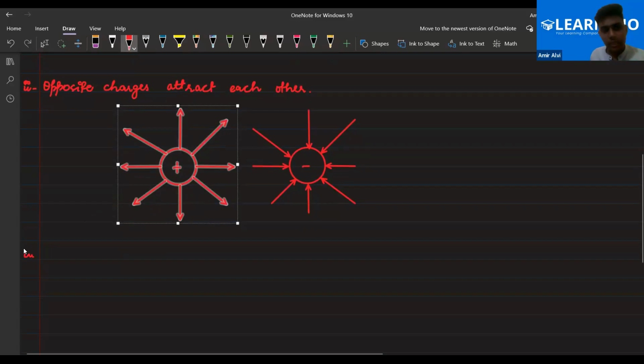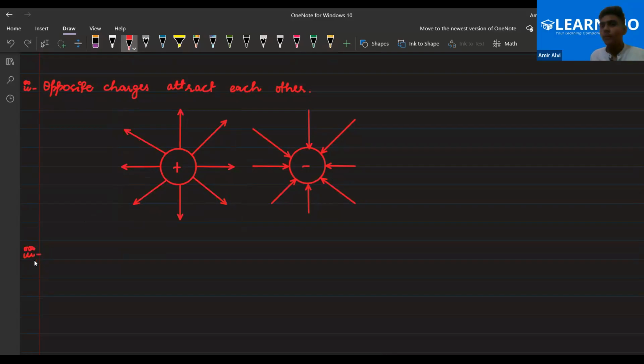Sir, is the electric field of the electron really like that? Like the arrows going that way? Or is it just something you think? It's an imaginary thing. Basically, the electric field is imaginary. These are imaginary lines, because after doing some experiments, that's how we draw these lines.